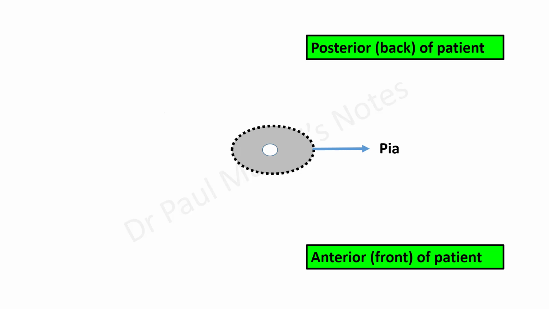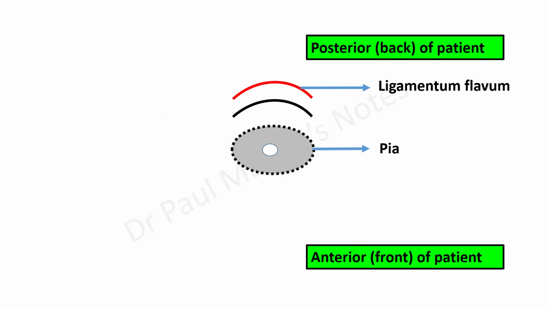The spinal cord is wrapped up in a layer of meninges, and this is called the pia mater. Now, posterior to that, we find the ligamentum flavum, and in between the pia mater and the ligamentum flavum, we get the dura mater.